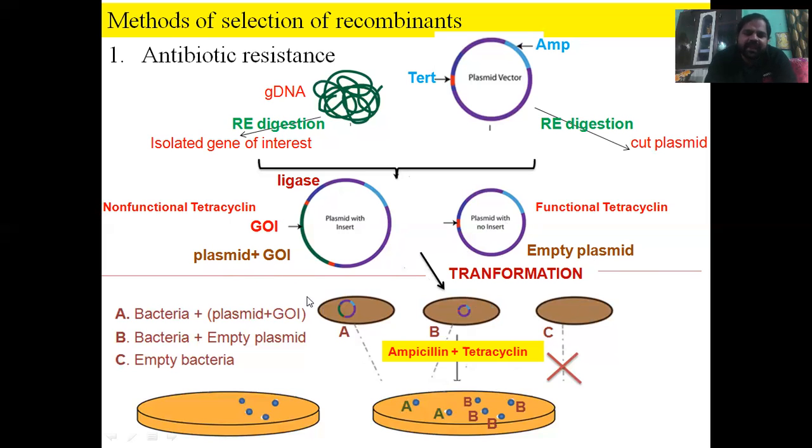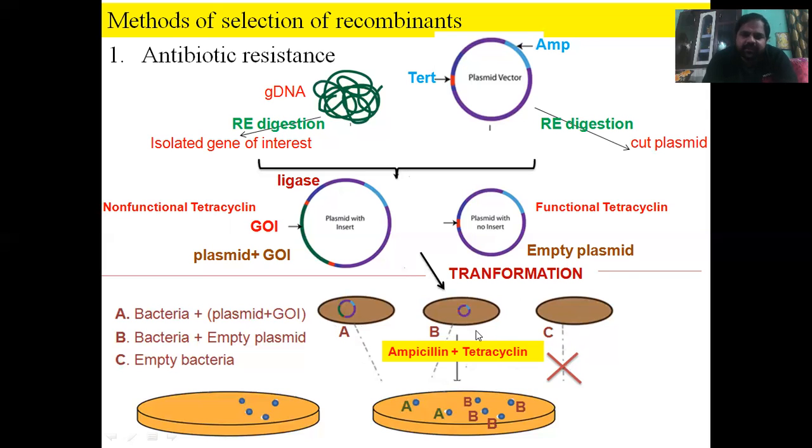So A denotes the bacterial cell with plasmid plus gene of interest. B represents bacteria with empty plasmid, and C represents empty bacteria, meaning these bacteria have not received any plasmid.